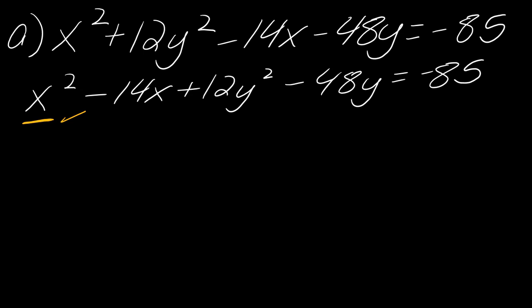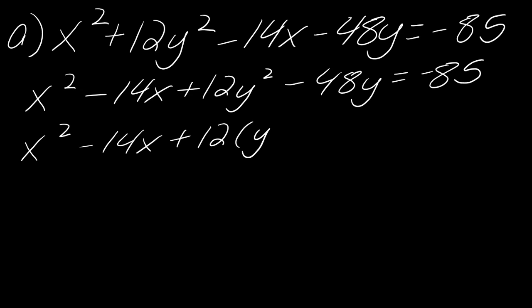So this one is good. This one has a problem with it being 12y squared. So what I'm going to do is factor the 12 out, and you'll see why in a second. If I factor the 12 out, that's going to give me y squared minus 4y.